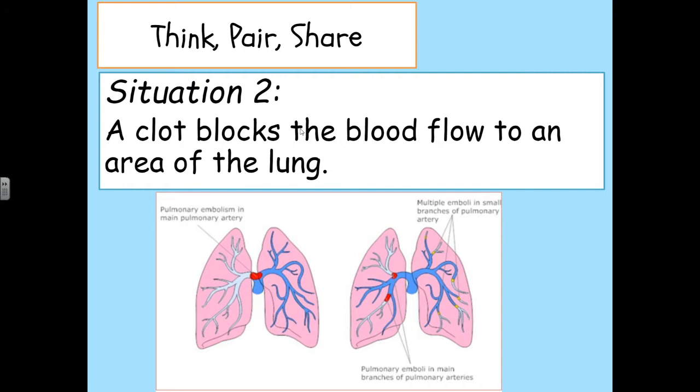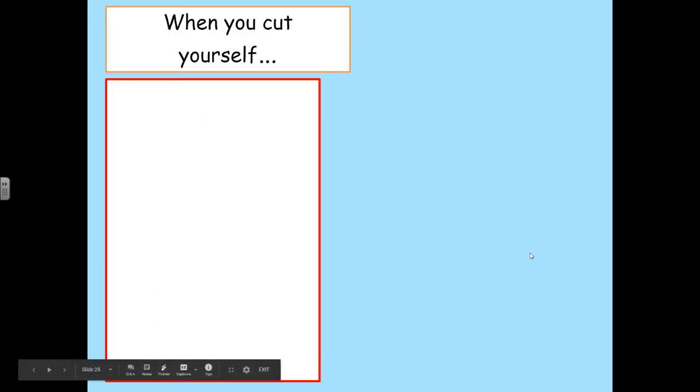Any of the areas after that clot that are supposed to be perfused with the blood, so that are supposed to get the tissue fluid from the blood plasma, are not going to be able to get it. Those tissues will be starved of oxygen and could die. So this is partly what causes something called a pulmonary embolism, not quite, but mostly, and it can lead to really, really nasty things happening.